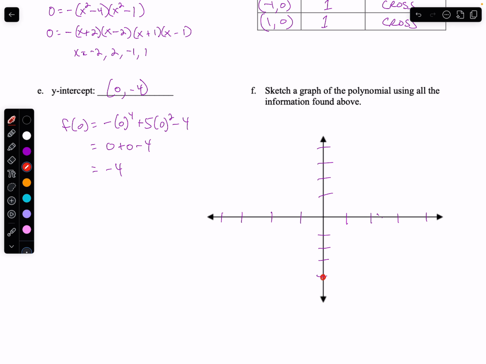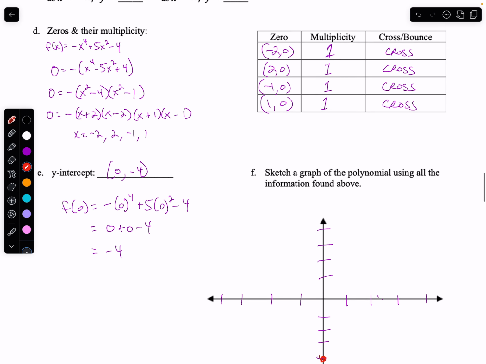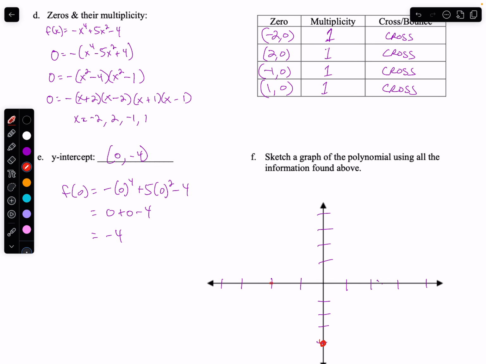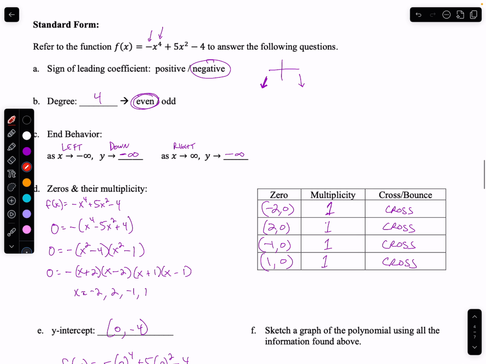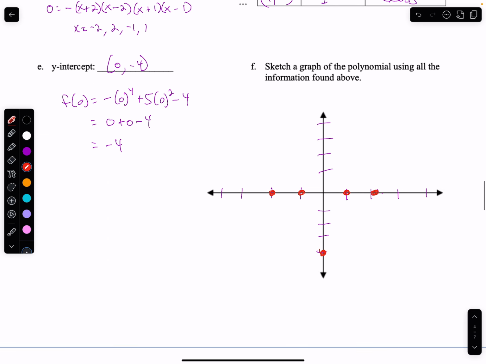The y-intercept is at 0, negative 4, just nice to have. Our zeros are at negative 2, 0; 2, 0; negative 1, 0; and 1, 0. We know our end behavior is down on the left and down on the right.